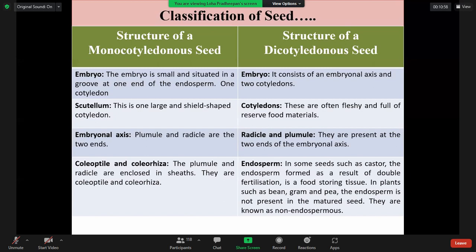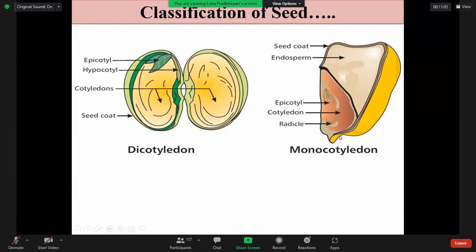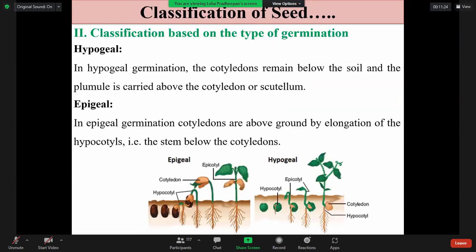For example, the beans or pulses, we are able to see the cotyledons, hypocotyl and epicotyl. Even in the monocot seed, we are able to see the radicle, cotyledon, endosperm and seed coat. This is the longitudinal cut of the seed.